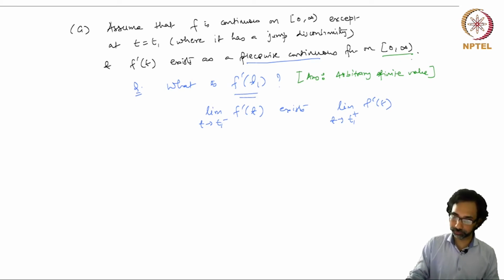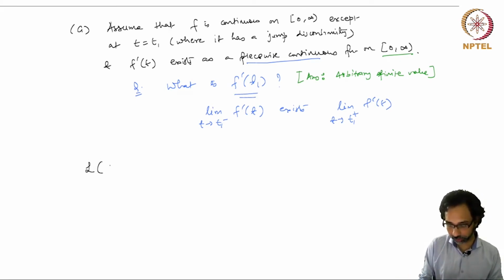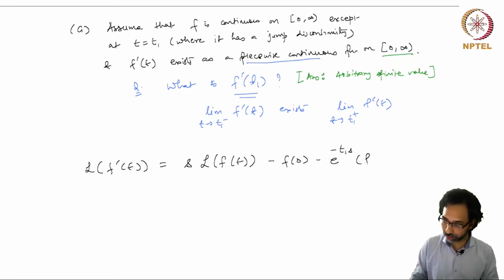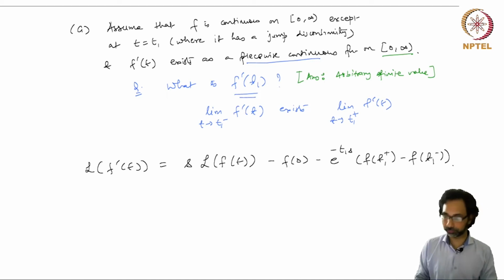So for this, the formula for the Laplace transform of f prime t is given by s times the Laplace transform of f(t), minus f of 0, minus e to the power minus t1 s times f of t1 plus minus f of t1 minus.